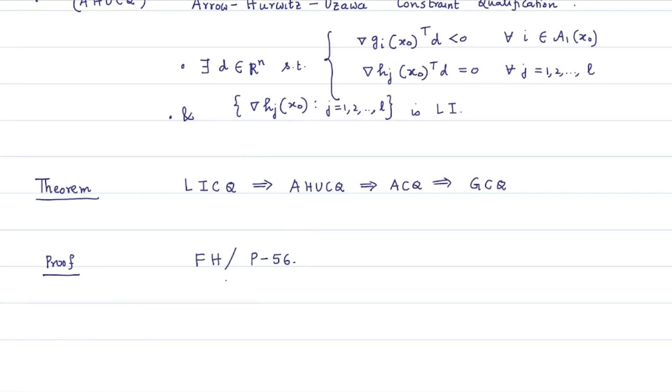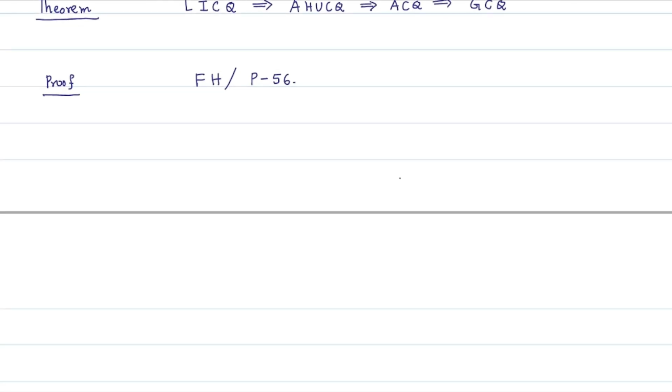If you are interested, you may look at the fabulous discussion given in chapter 5 of the Bazaraa-Sherali book, where you will find a few more constraint qualifications like the Cottle constraint qualification and the Kuhn-Tucker constraint qualification, the same Kuhn-Tucker who derived the Karush-Kuhn-Tucker optimality condition.